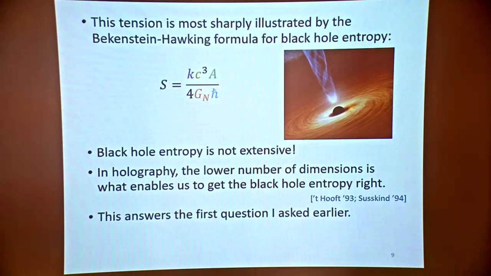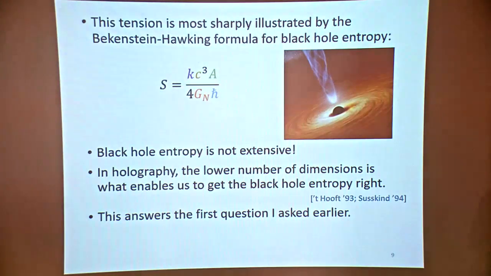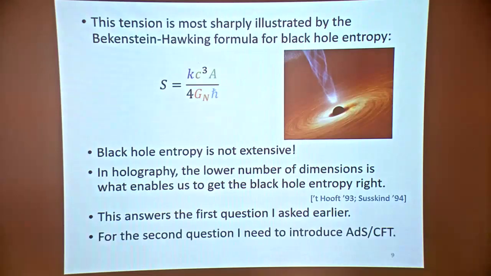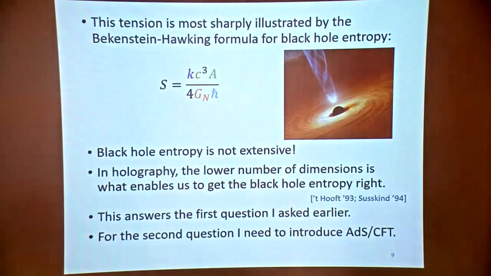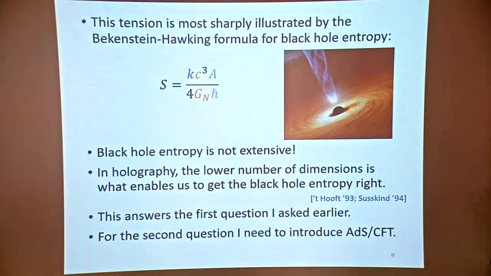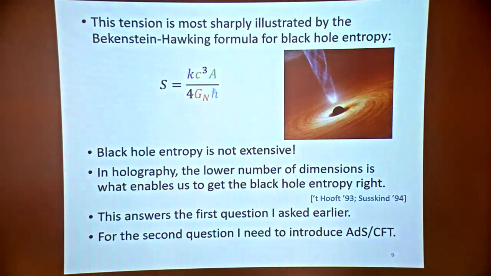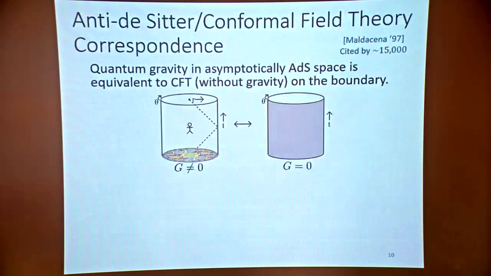This answers the first question I asked earlier, which is, why is quantum gravity always holographic? The second question was, how could a lower dimensional theory describe gravitational physics in higher dimensions? For this question, I will need to introduce the context of AdS/CFT. So let me do that.